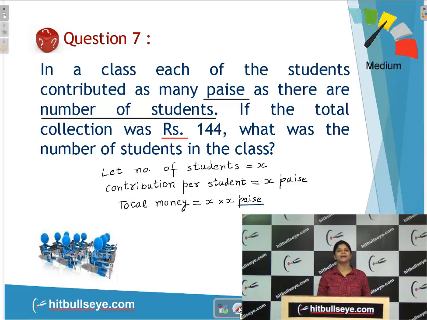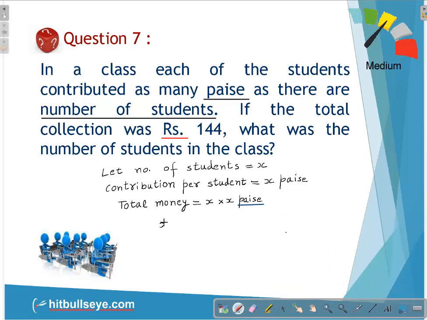Hence, while making the equation, we will convert the rupees into paise. So the equation is X square is equal to 144 into 100. So friends, why are we multiplying with this 100? To make the units as paise. This is the most important step.